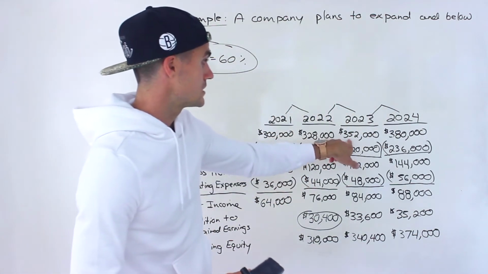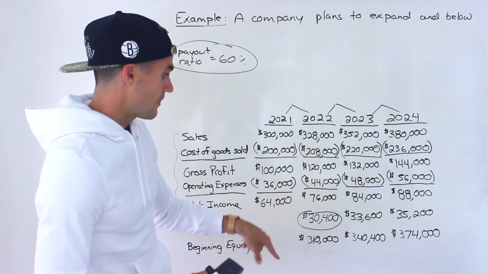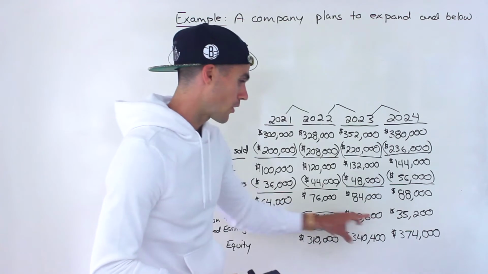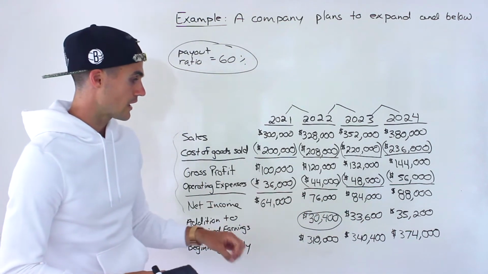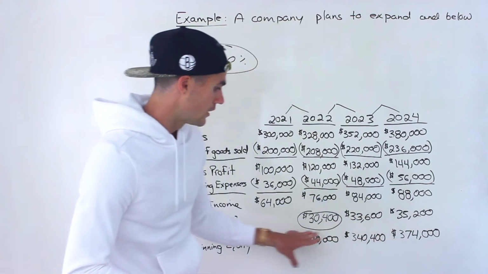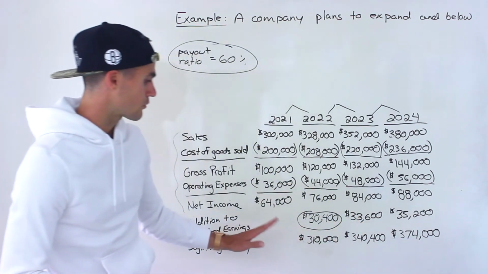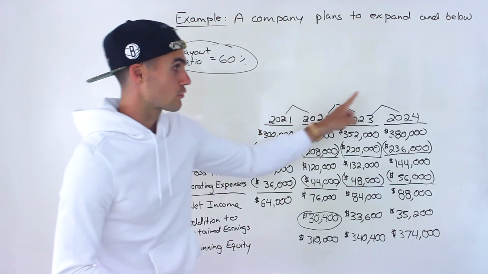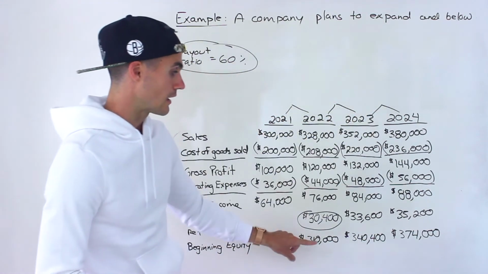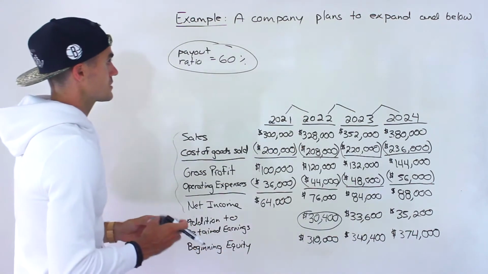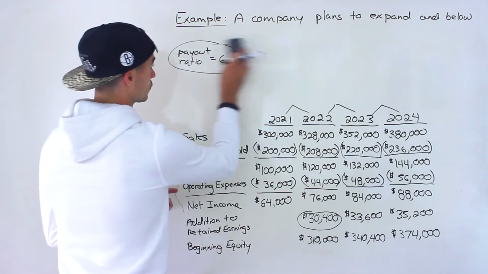And because we're given beginning equity over here, which is going to be part of that sustainable growth rate calculation, we're given it for 2022, 2023, 2024. The reason we're only given 3 here and this is blank is so we could compare it to the 3 actual growth rates. We could get 3 sustainable growth rates, 3 actual growth rates. So let's start off with the actual growth rates.